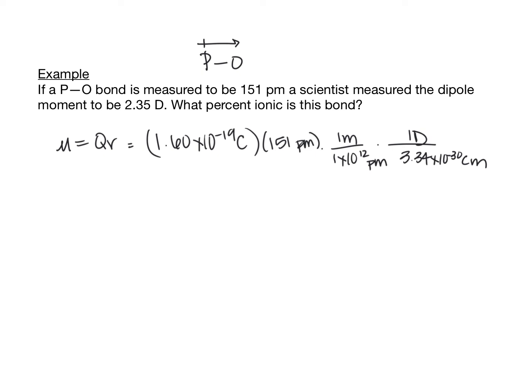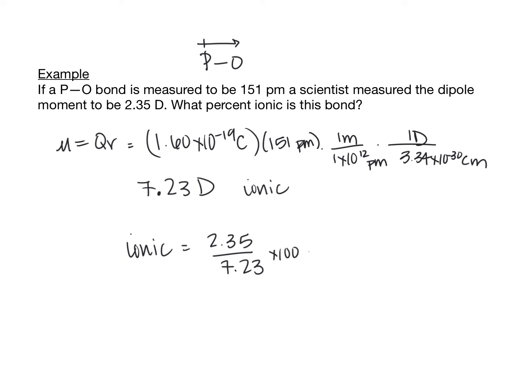This gives us a value of 7.23 debye. So this is our ionic character. If they were fully separated at this length, this is what we would measure. So the ionic character is 2.35 divided by 7.23 multiplied by 100, and that gives us 32.5%.